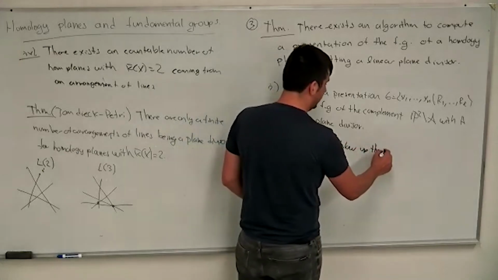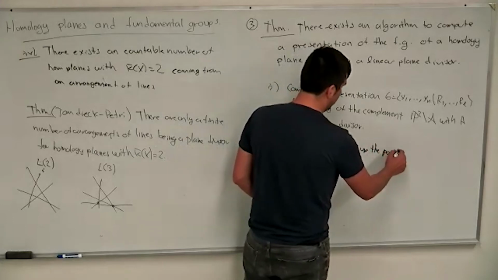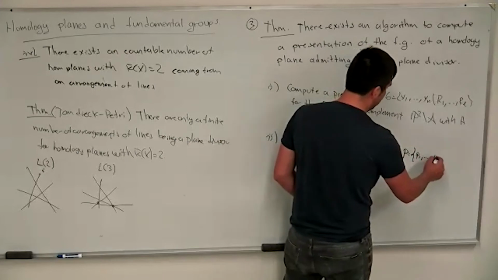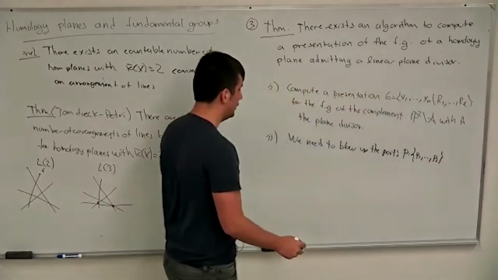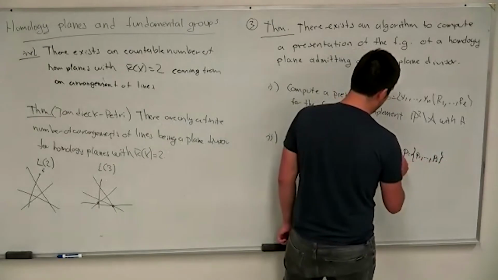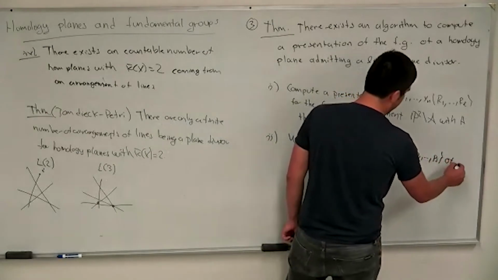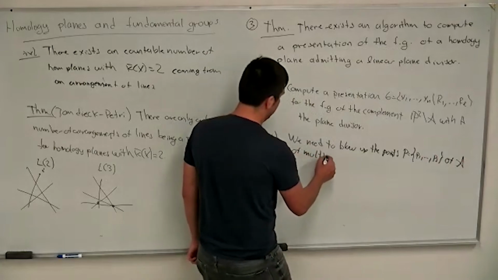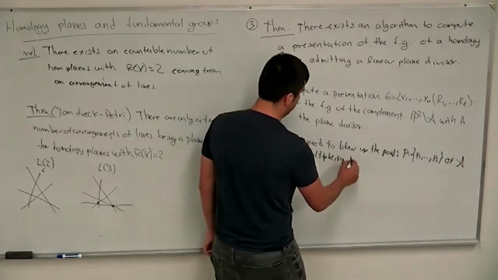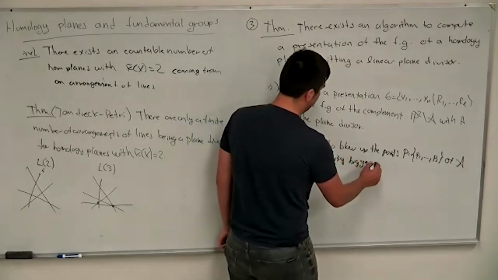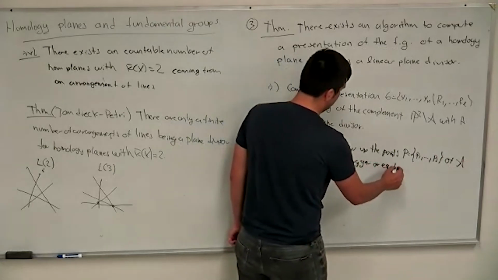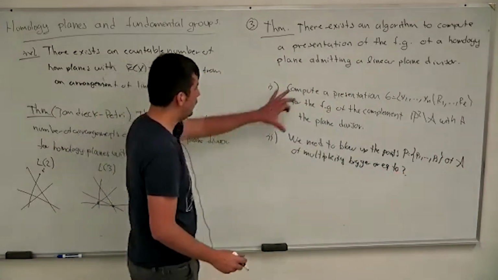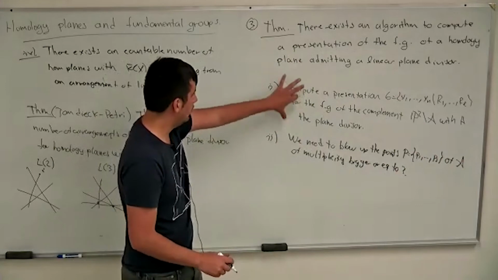the points P of multiplicity bigger or equal to 3, the points of A of multiplicity... and now this was already known, so this is some classical work.